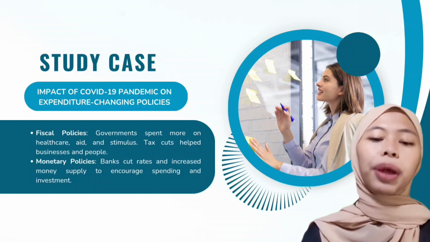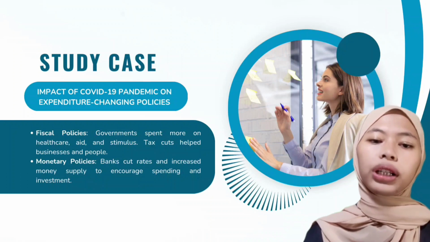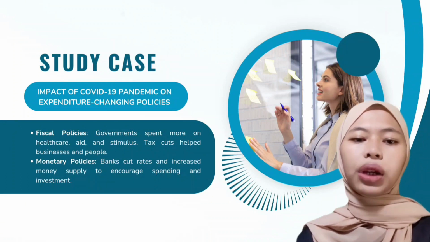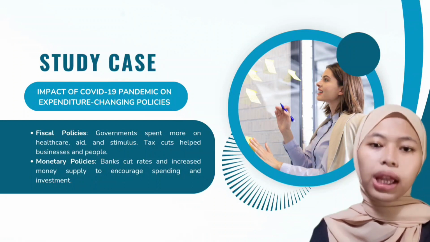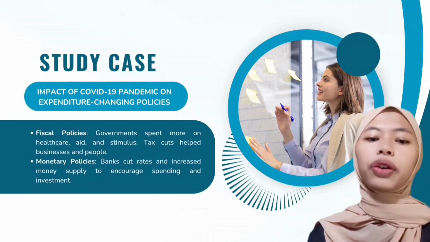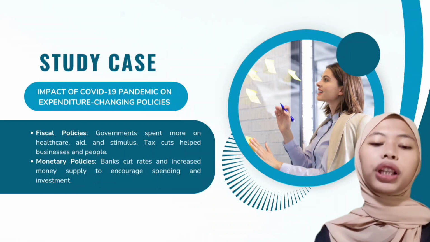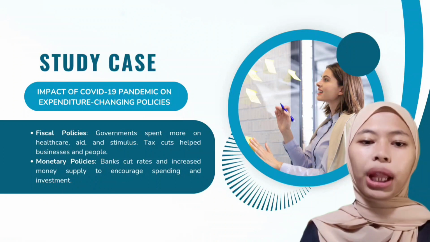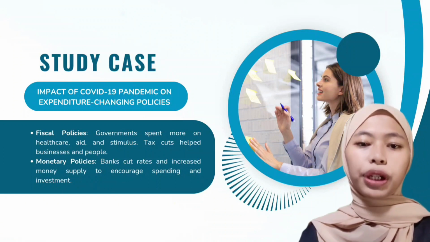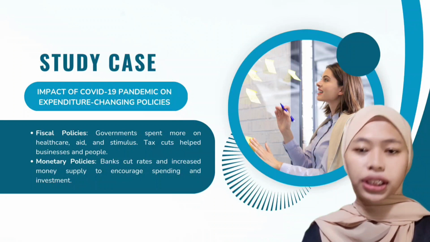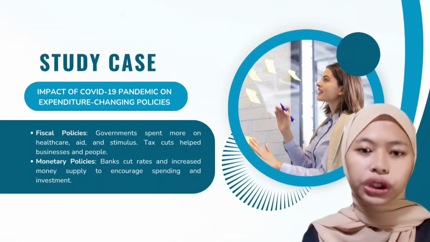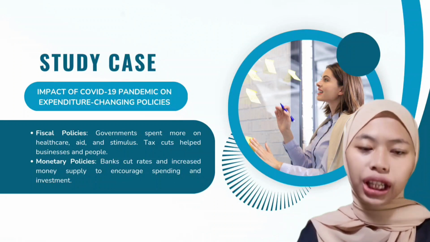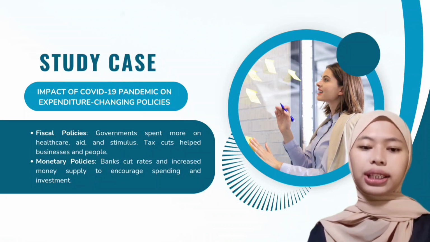And the monetary policy: central banks around the world adopt expansionary monetary policies by lowering interest rates and implementing quantitative easing programs. These measures aim to encourage borrowing, investment, and consumer spending to support economic recovery. The COVID-19 pandemic served as a compelling example of how changes in expenditure-changing policy, such as fiscal and monetary policy, were crucial in addressing the economic challenges and supporting overall output and national income during a global crisis.